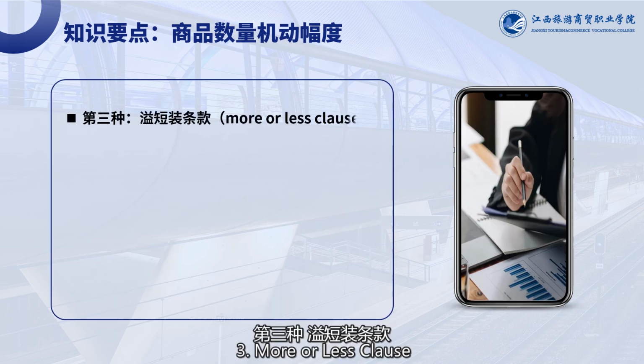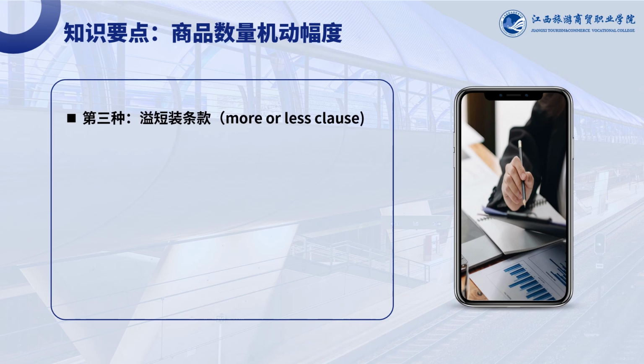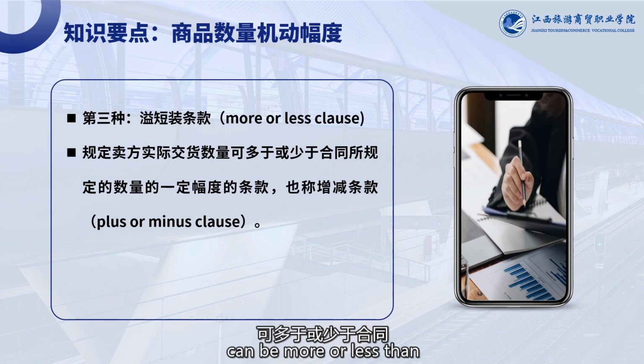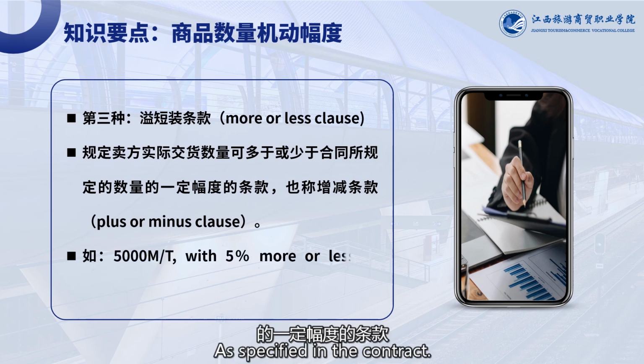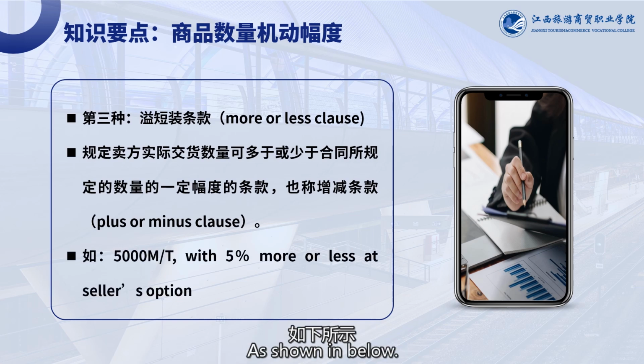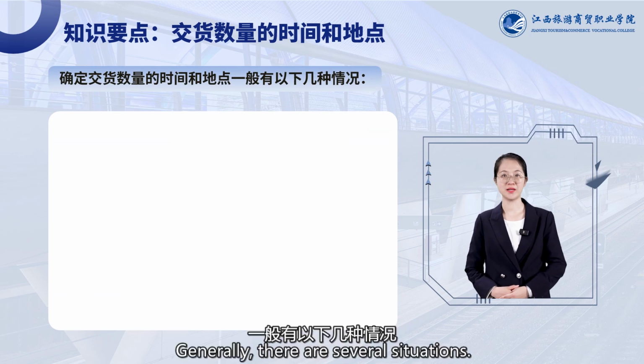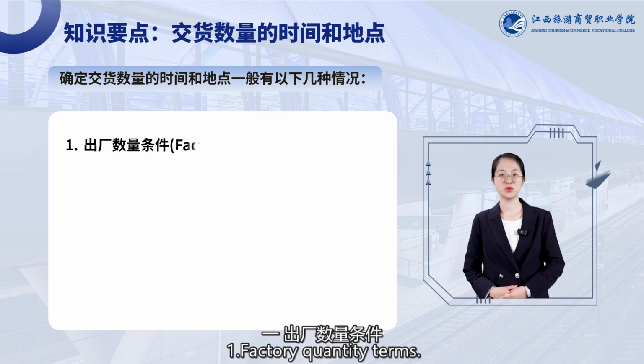3. More or less clause. The clause specifying the actual delivery quantity can be more or less than the quantity as specified in the contract, as shown below. So, how to determine the time and place of delivery quantity? Generally, there are several situations. 1.